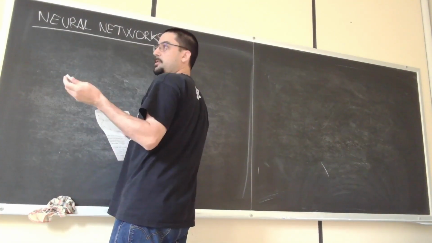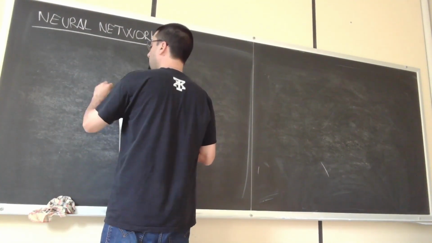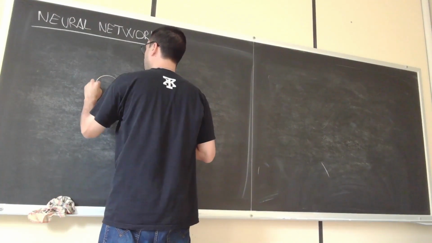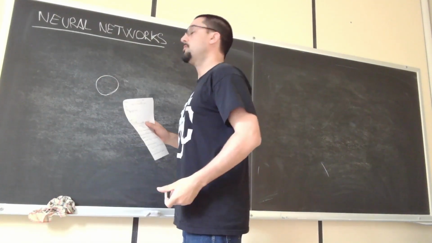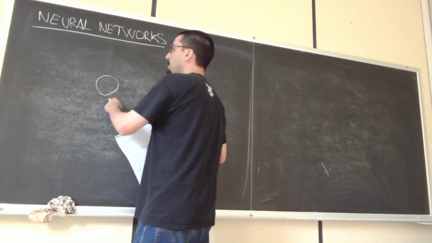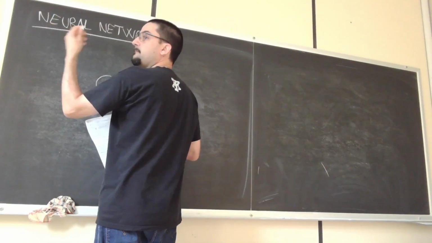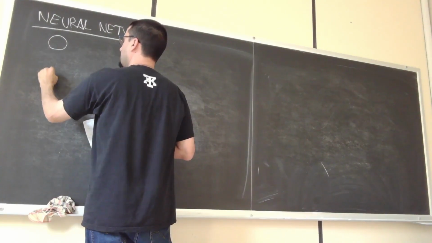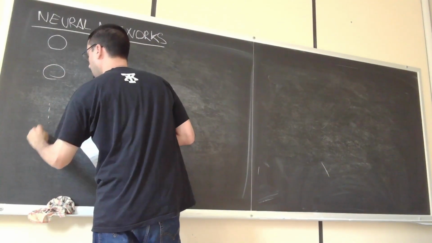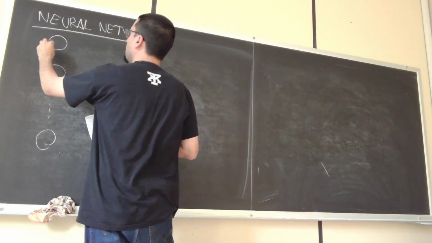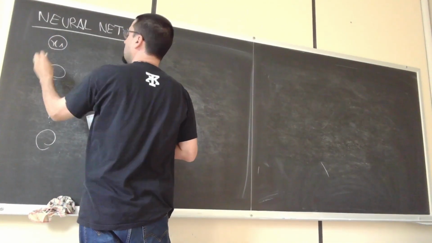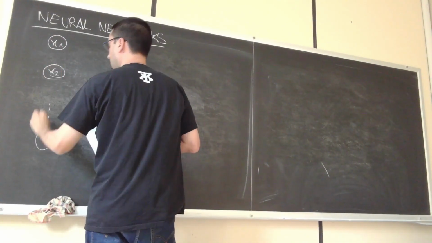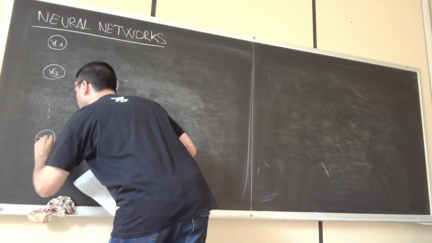An artificial neuron is basically a unit like this. We have here our neuron, and then we have some inputs for this neuron coming from here: x1, x2, up to xn.